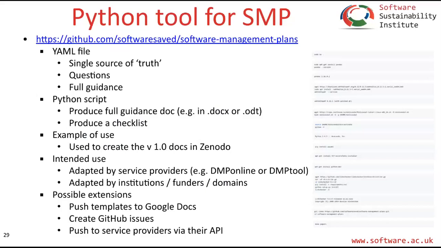It has the questions and full guidance, and there's the Python script, which helps produce either the full guidance document or a checklist. Initially, it was used to create the version 1 docs that are in Zenodo, but its intended uses are to be adapted by service providers or adapted by institutions, funders, domains to include information which is specific to them and when they want different views on that information.